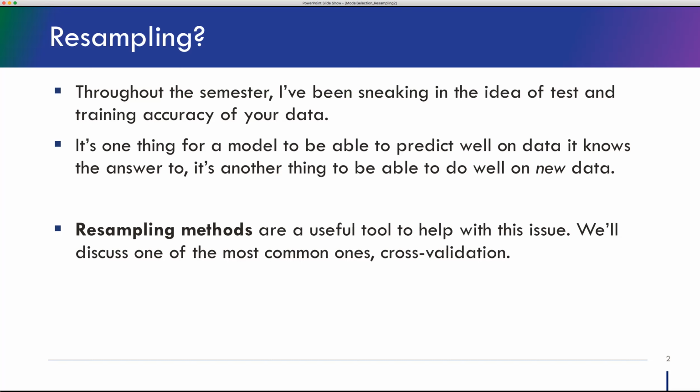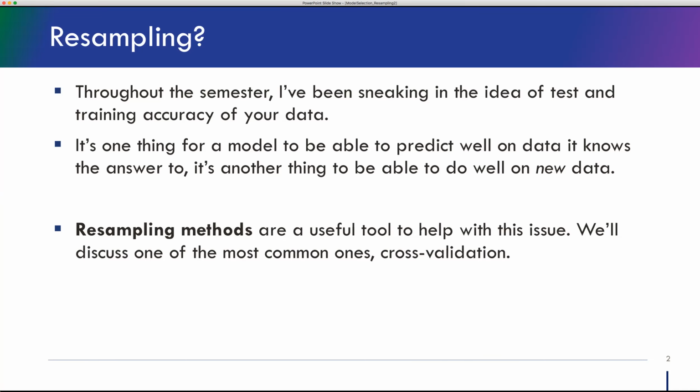So it's one thing for a model to be able to predict well on the data it knows the answer to, which is the training data. And it's another thing to be able to do well on new data, which we usually call testing data.